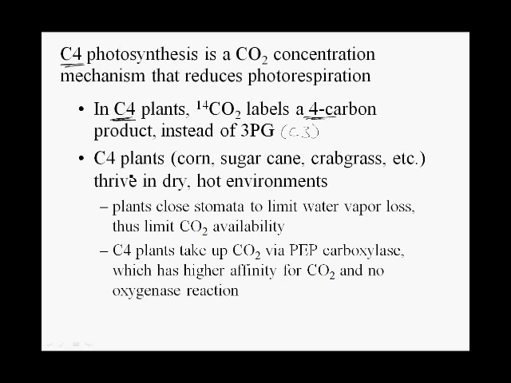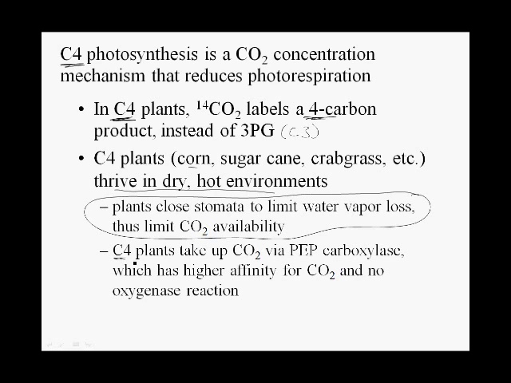Some of the better known C4 plants are corn and sugarcane, and the crabgrass that comes up on your lawn, and they typically thrive in dry and hot environments. As we said, in dry, hot environments, plants have to close their stomata to limit water vapor loss, but they limit gas exchange.